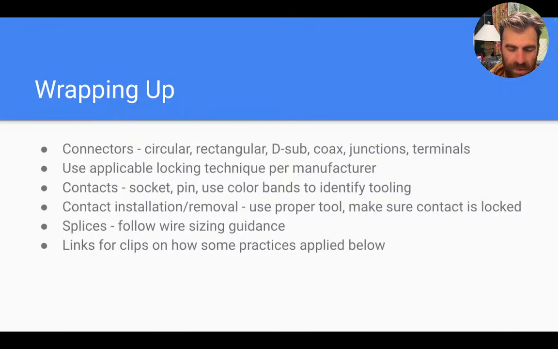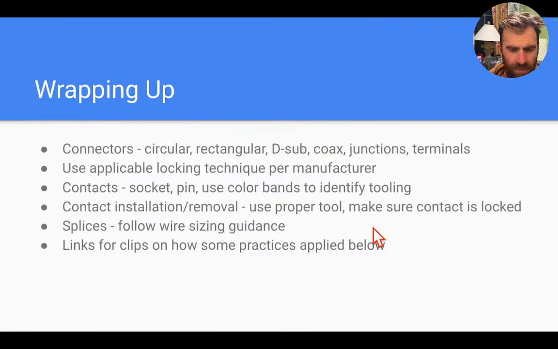That can be front release or rear release, and you can have plastic tools or metal tools depending on the type of connector. So just make sure that you're following the manufacturer instructions for removal and installation. And you always want to make sure that the contact is locked into the connector, so there are little locking mechanisms in the insert of the connector. If you're ever installing a contact into the connector, do a little tug test just to make sure that it's secured into the connector.